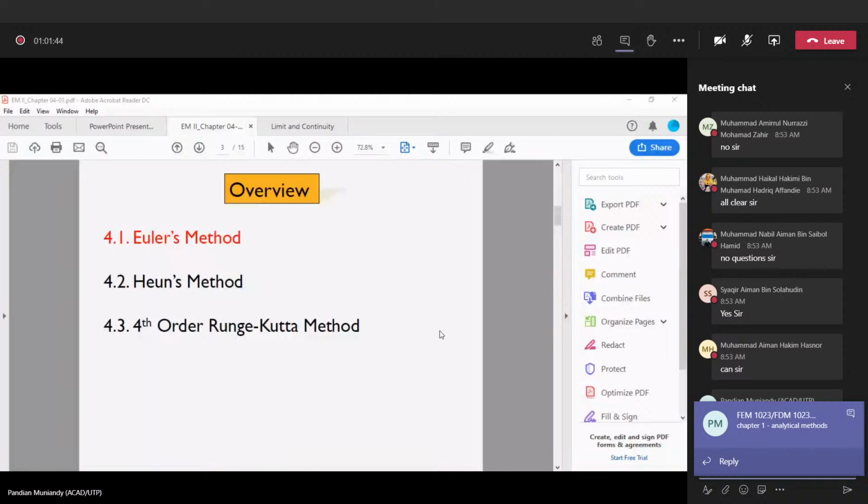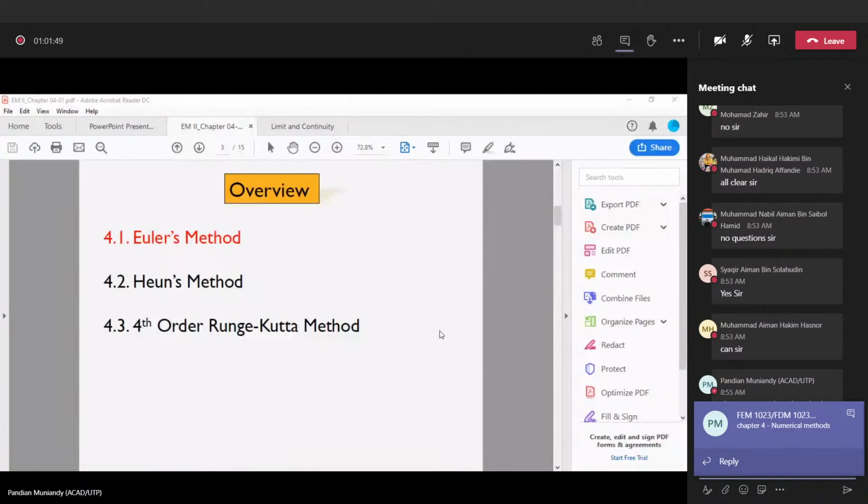So what are the advantages and disadvantages? Whether the analytical method is good or bad must come from your own knowledge and experience. But just to give you an idea, for chapter 1, for example the first order that you solved just now, you must have an initial condition.